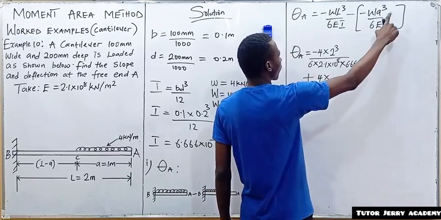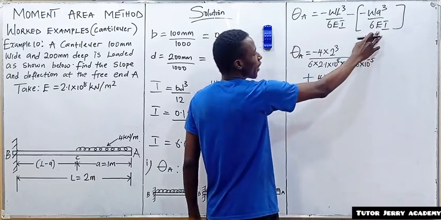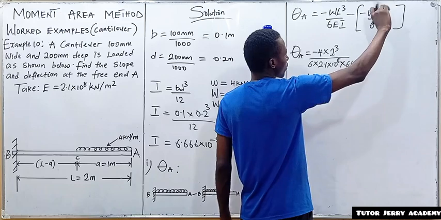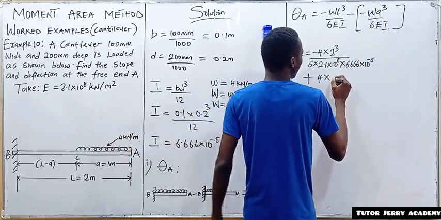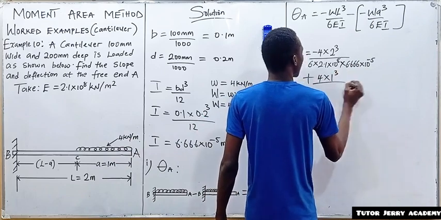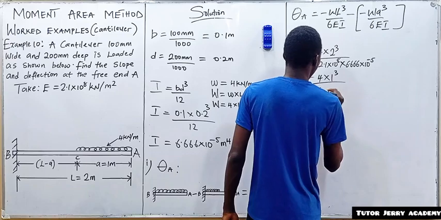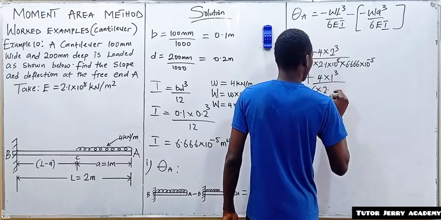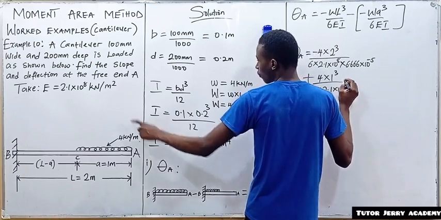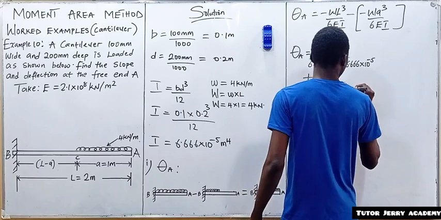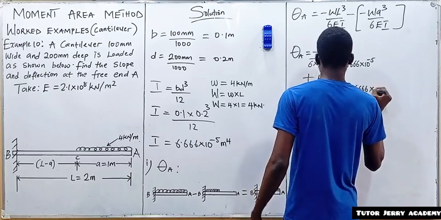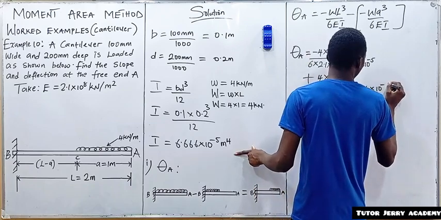We are still not going to multiply by 10 to the power of 3 because we have E here and E has 10 to the power of 3, so they will both cancel out. Our a is 1 meter, multiplied by 1 to the power of 3, all over 6, multiplied by 2.1 times 10 to the power of 8 times 6.666 times 10 to the power of minus 5.